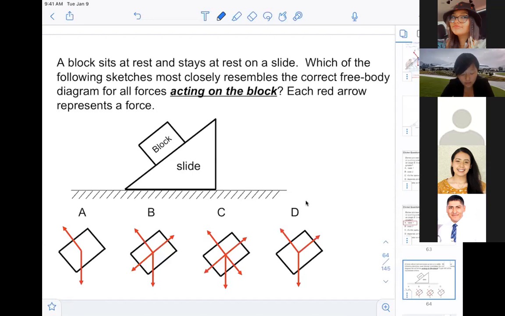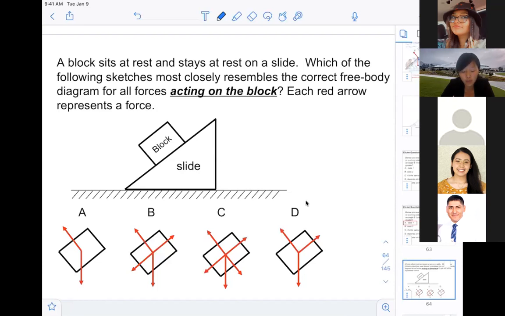But when we have gravity already, we're not going to draw the components in the free body diagram because that is not a new force. That is just a component of the force being applied.